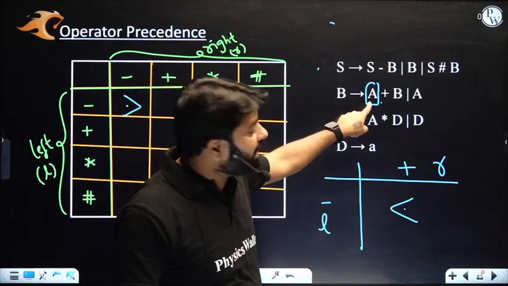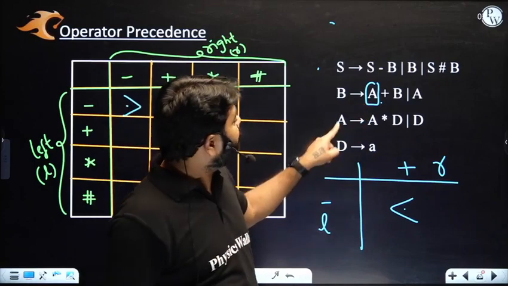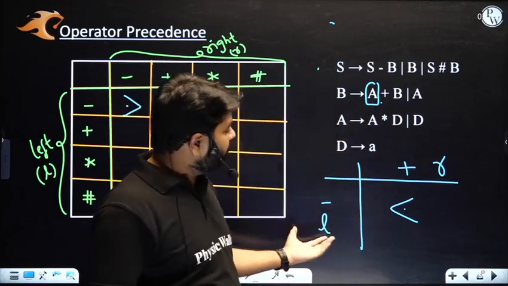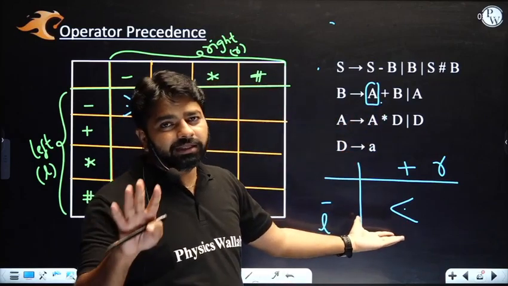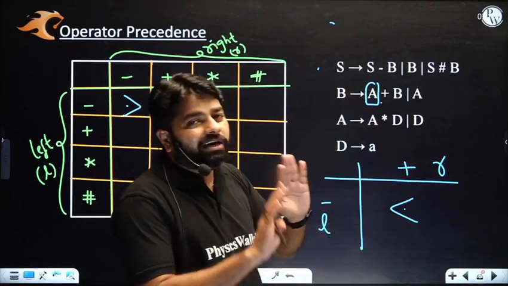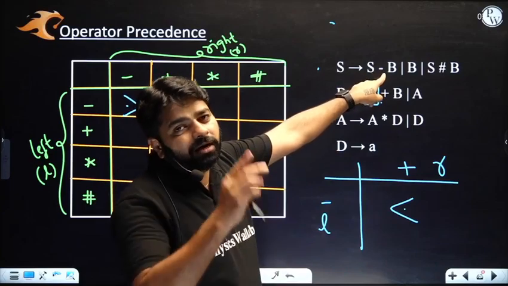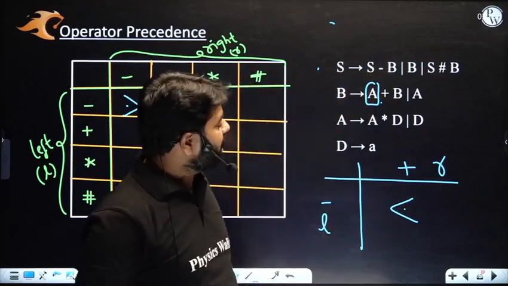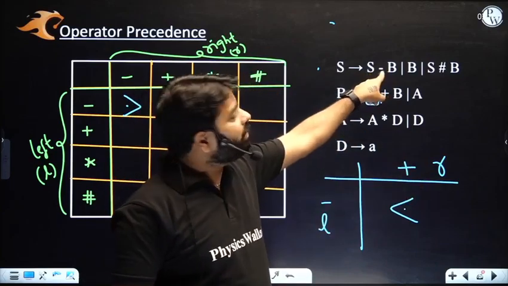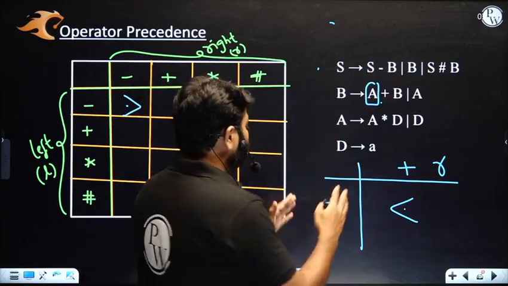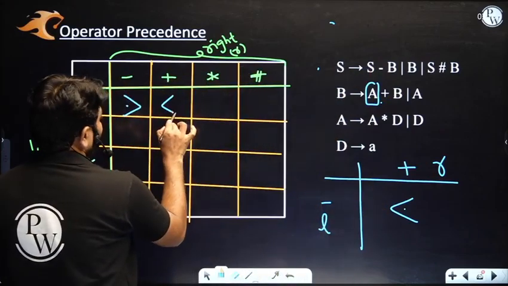In case from A you get a minus, this says that minus greater than plus, but both contradict. That's very important. From A, I don't get minus. That means this one only maintains a relation between minus followed by plus. After minus, plus comes, this one only maintains a relation. So we got the relation less than.